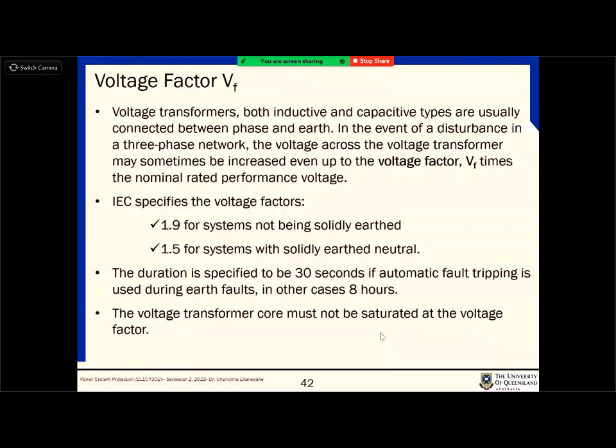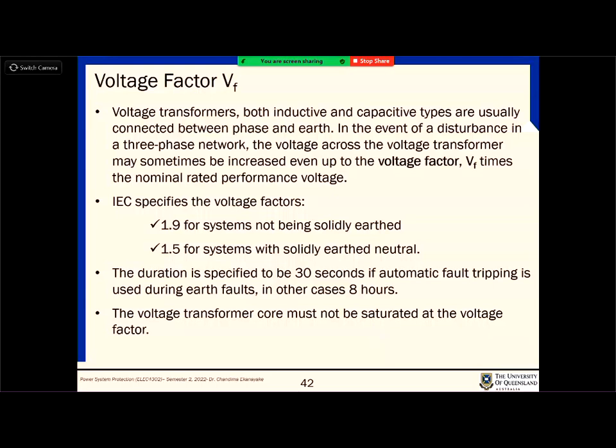What is voltage factor? Usually different standards define a factor, right? For certain errors, what it says is that the voltage across the secondary of this transformer shouldn't go beyond this voltage factor.